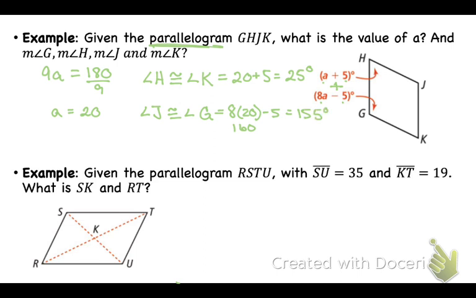Could I have also taken 180 minus 25, which would give me 155? But the problem with this, if I messed up 25, would I mess up that? Yes. What should these two equal? 180, do they? Do you see there's lots of checks that I can do? And you can add 25 and 155 in your head, can't you? Yeah? Okay.